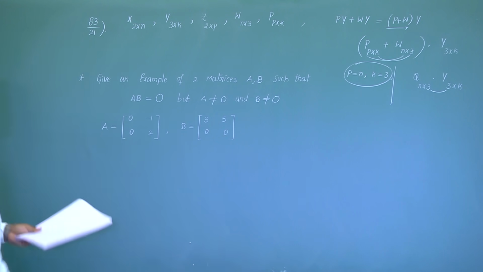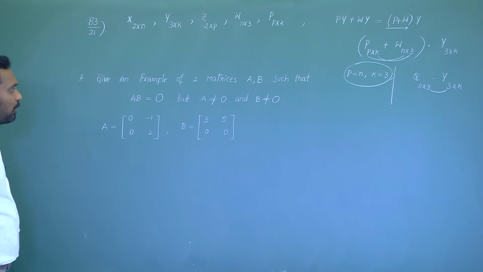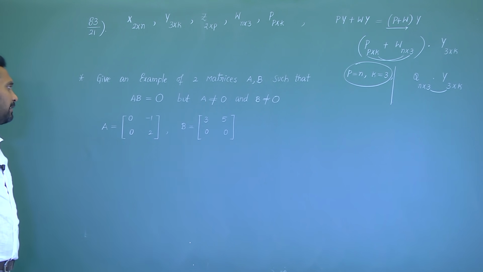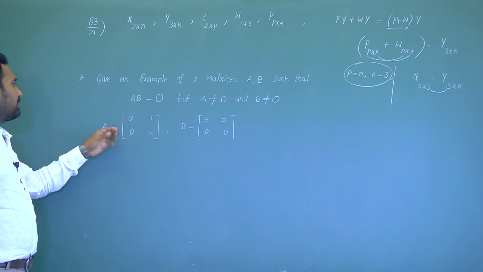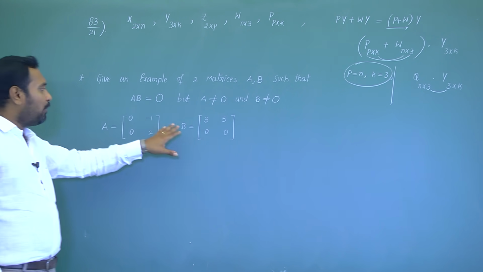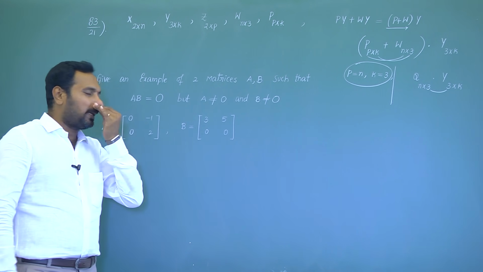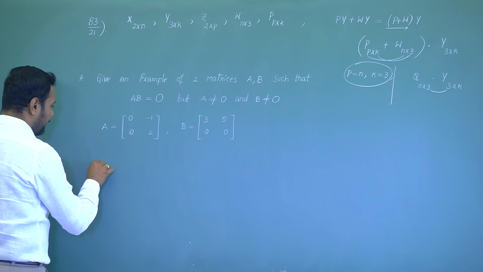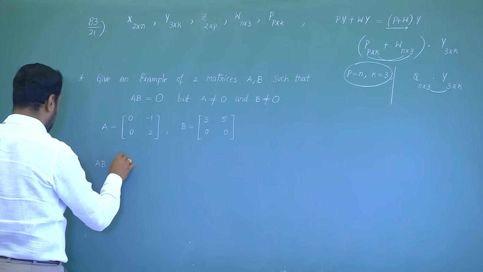This is logical. So to give the example of two matrices whose product is a null matrix but both are non-zero matrices, for the first matrix make sure that the first column elements are zeros, and for the second matrix make sure that the second row elements are zeros.